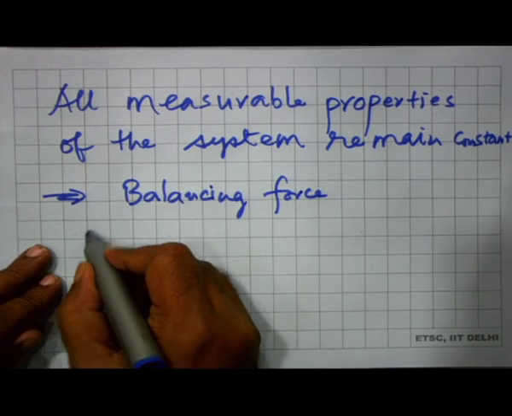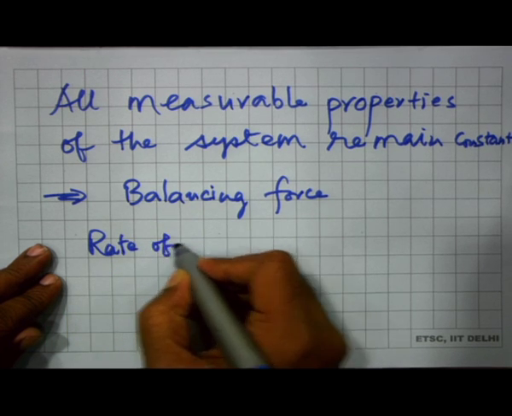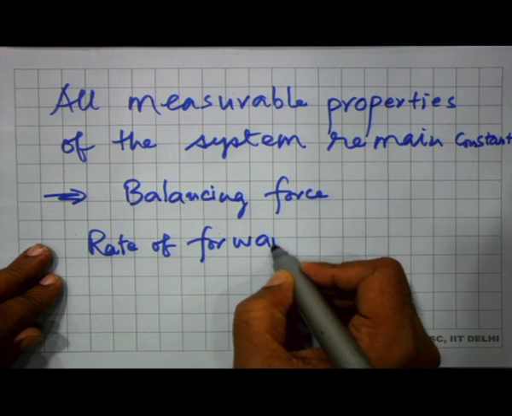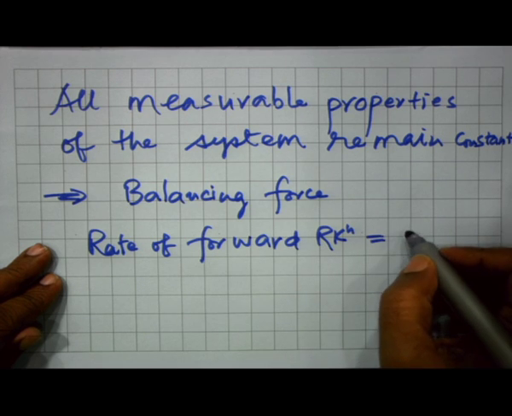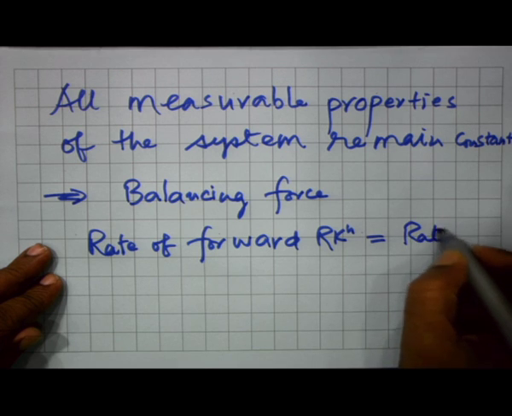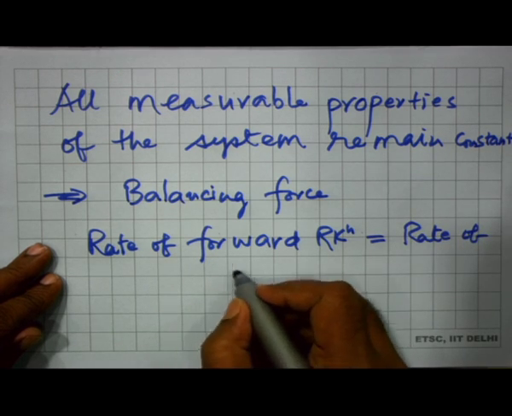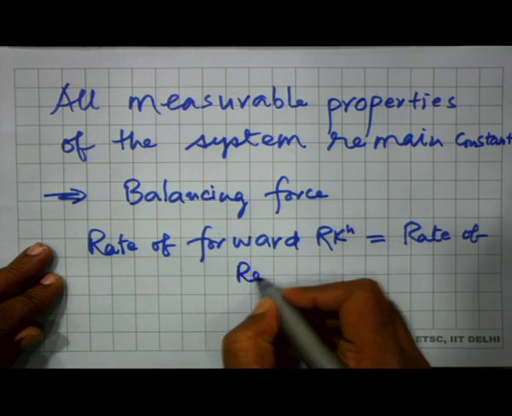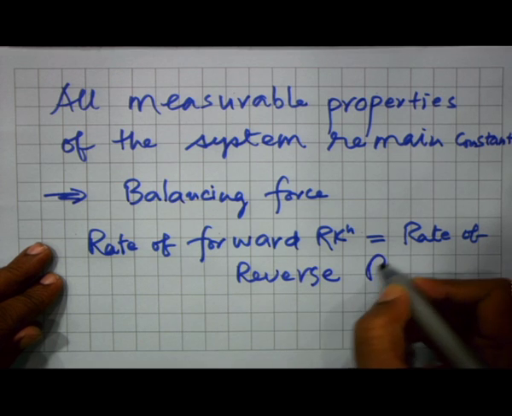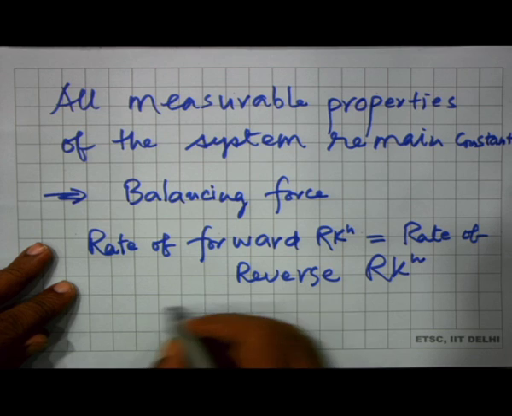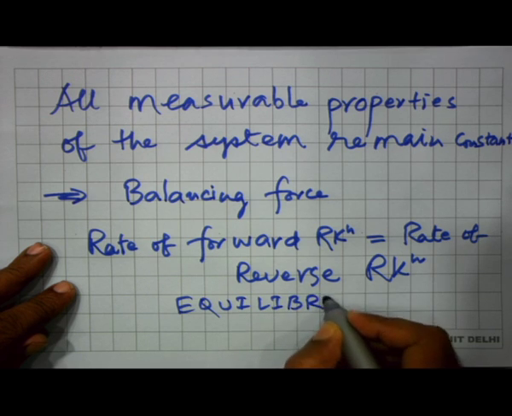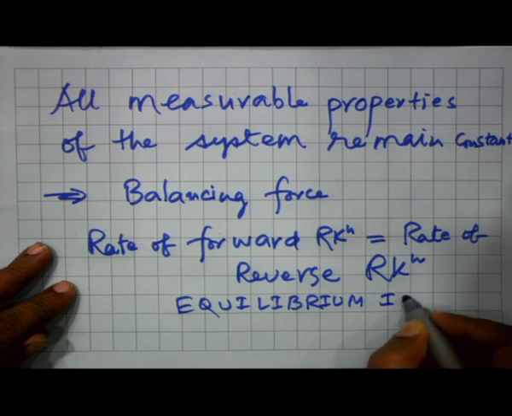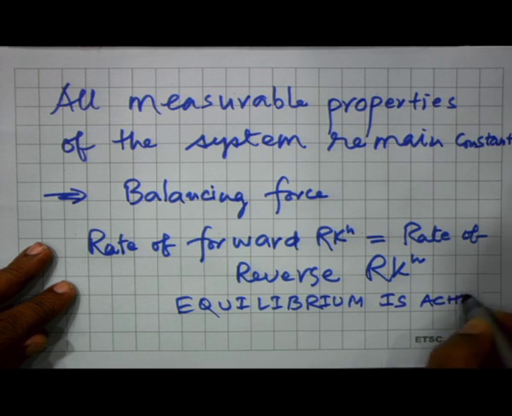The balancing force is the rate of forward reaction. When the rate of forward reaction becomes equal to the rate of reverse reaction or backward reaction, we say that equilibrium is achieved.